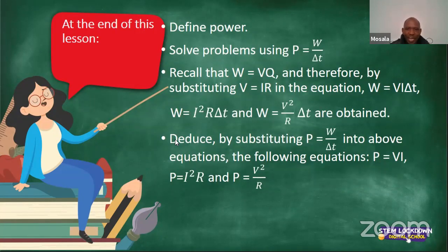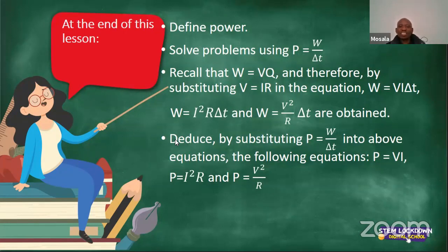We said work done equals the product of voltage times the quantity of charge. Therefore, by substituting V equals IR, the equations W equals VIΔt, W equals I squared RΔt, and W equals V squared over R multiplied by t will be obtained.